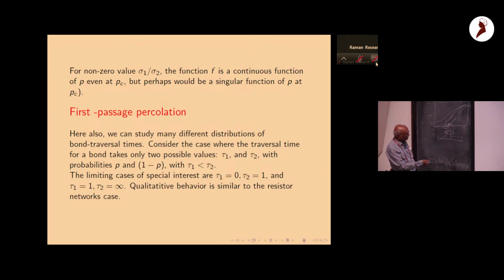So this particular limit T1 equal to 0, T2 equal to 1 is easier to think about. And similarly, you can take T1 equal to 1, T2 equal to infinite. That is like the insulator resistor problem. But now we are dealing with times and not with current flow. Okay.